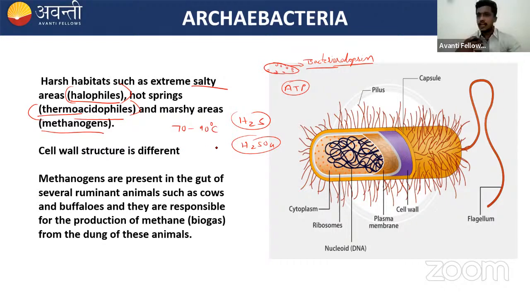So they are chemoautotrophs, and they live in extremely high temperatures such as 70 to 90 degrees Celsius. For example, in Yellowstone National Park, where you have the hot springs, that is where they survive.